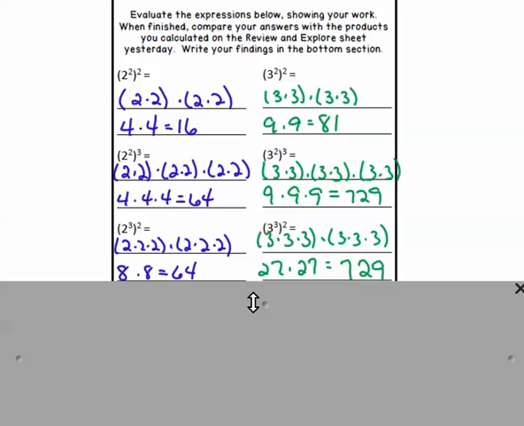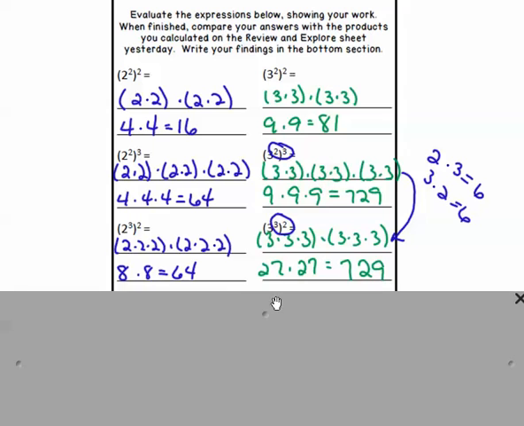And if you check that, that's also 729. So again, we see that same relationship. We get the product of 729, whether we're doing 3 squared to the third power or 3 cubed to the second power. So that same relationship of 2 times 3 equaling 6, or 3 times 2 equaling 6, exists in the powers of 3 also.